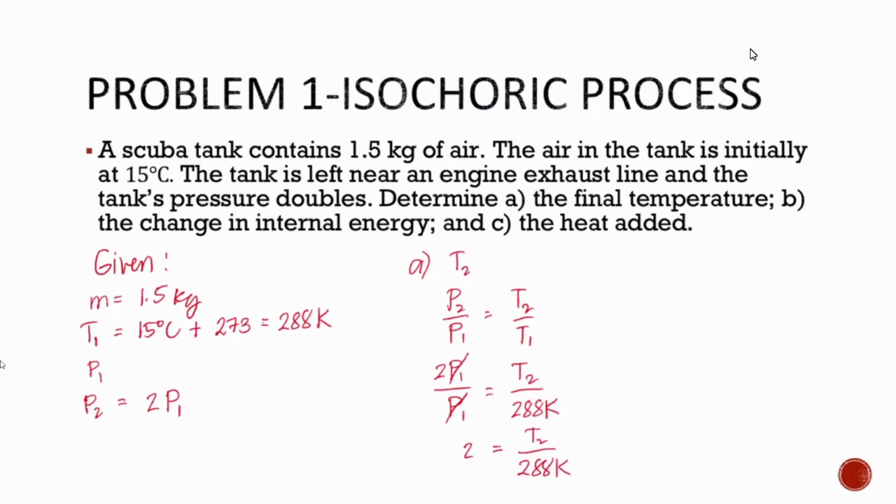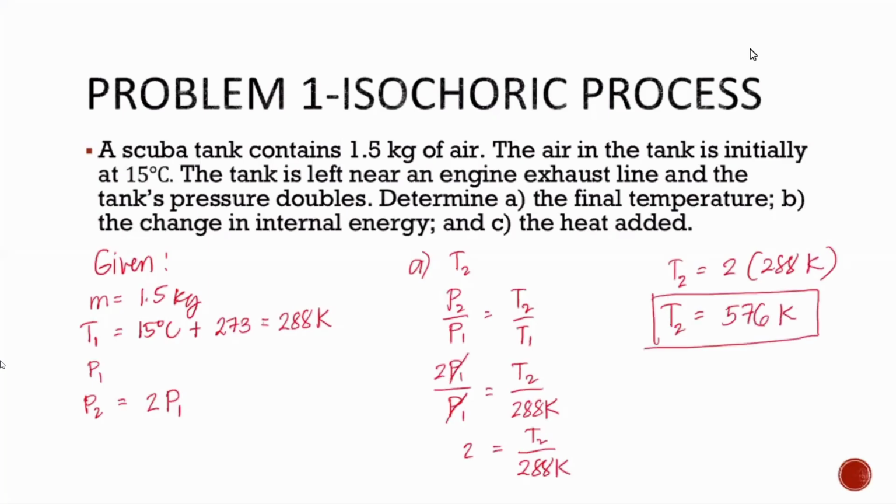So, we have T2 is equal to 2 times 288. Pasolve nga ako. What is the value? Times 2. 576 po. Okay, 576 Kelvin. So this is the final temperature.